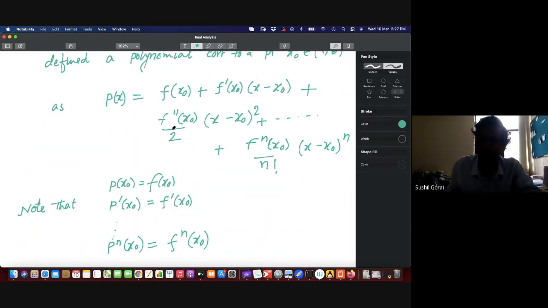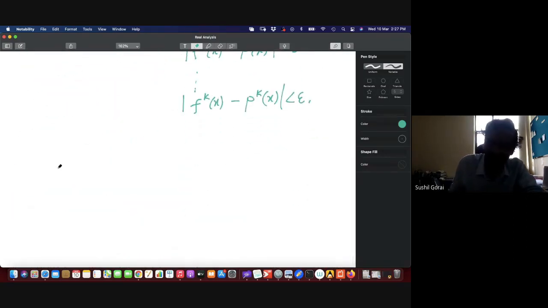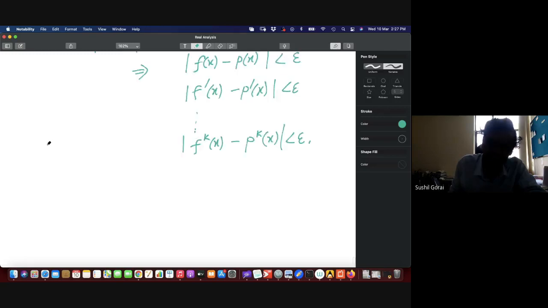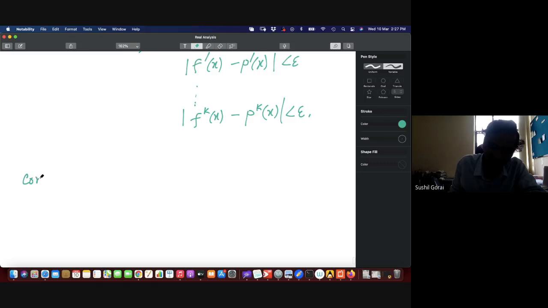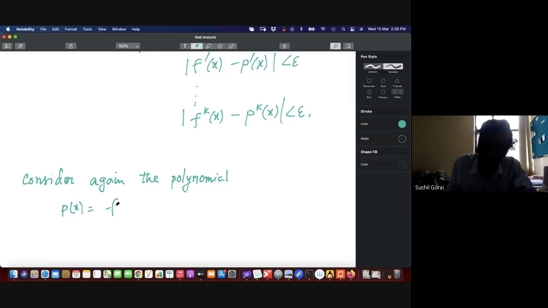Yeah, so you can take the derivative, and maybe I should consider again the polynomial, the same thing: p x, which is f x naught plus f prime x naught into x minus x naught and so on, plus f n x naught times x minus x naught power n by factorial n.